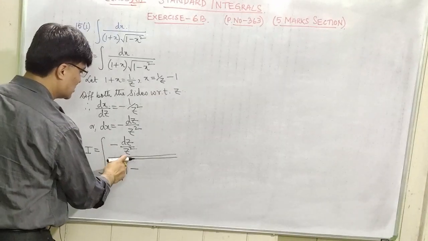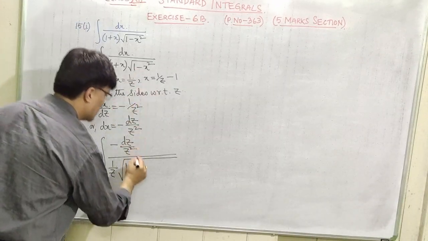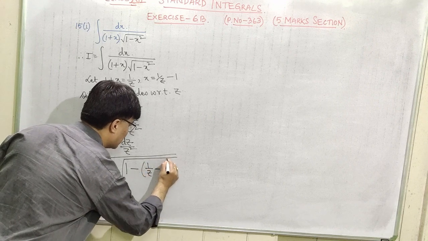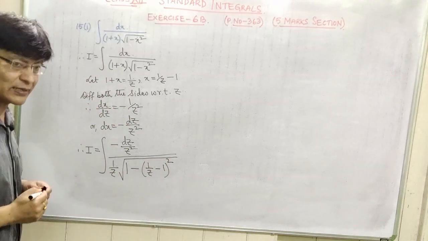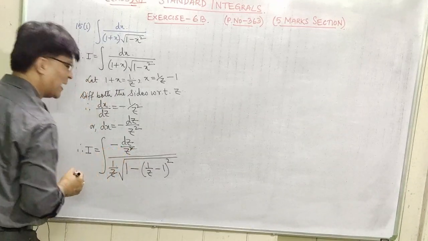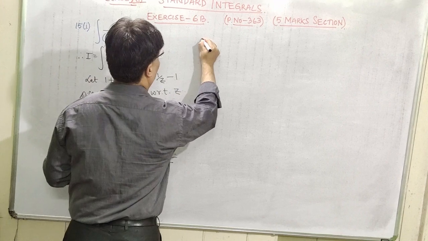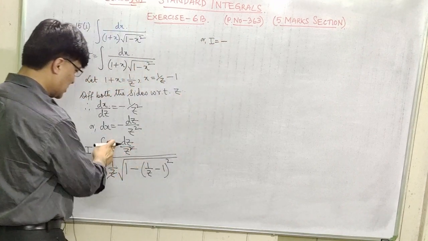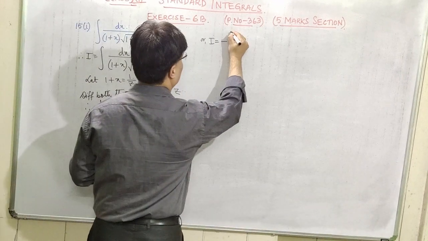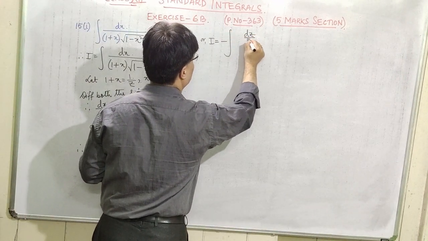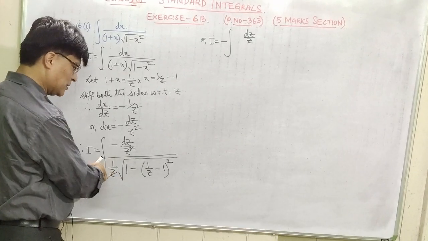So 1 minus, let us put the value for x: 1 upon z minus 1 whole square. Is that clear? So here you can cancel this, z and square will be cancelled. So I is equal to, minus sign is taken outside, integral dz upon z. Is that clear? dz by z.